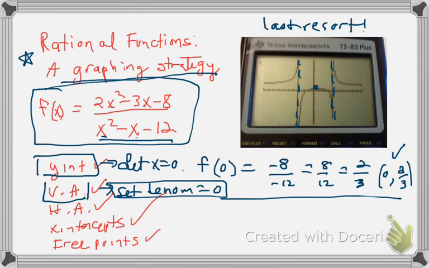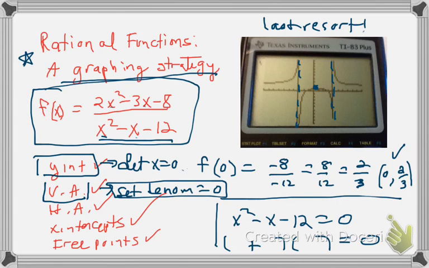All right, so if we do that, we'll have x squared minus x minus 12 equals 0. Hope that it factors. If it doesn't factor, you might have to use the quadratic formula or something like that. Plus and minus, x and x, and then 12 factors with 4 and 3. So we'll put the 4 here and the 3 here. So clearly there's two values of x, namely 4 and negative 3, that cause that to be 0.